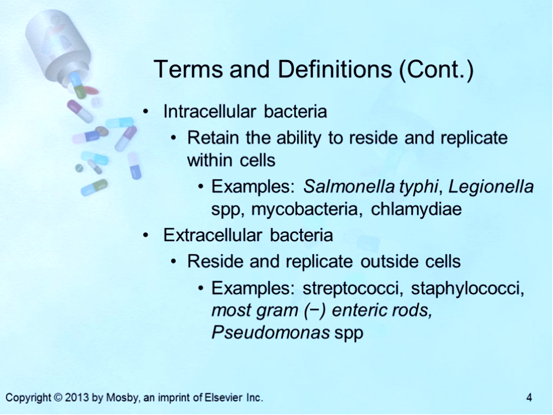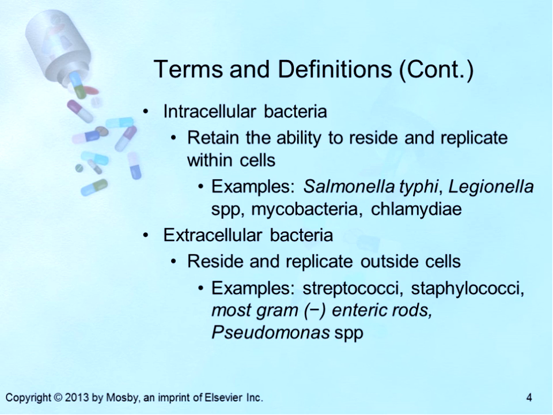As we continue looking at different terms and definitions, remember that bacteria are one-cell organisms with a primitive nucleus and rigid cell walls. These are porous and permeable to substances of low molecular weight. Intracellular bacteria retain the ability to reside and replicate within cells.